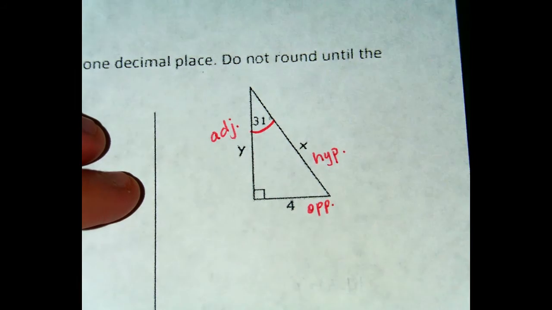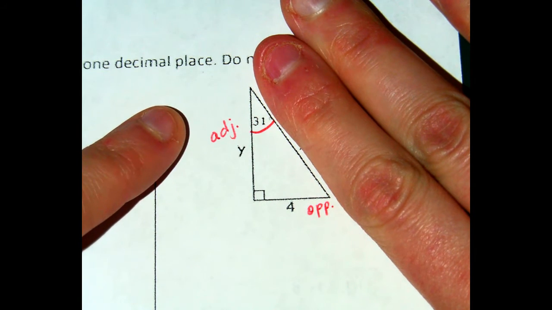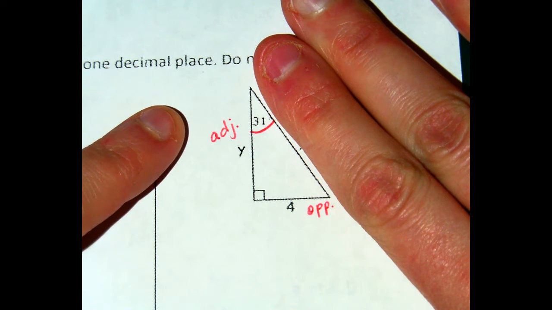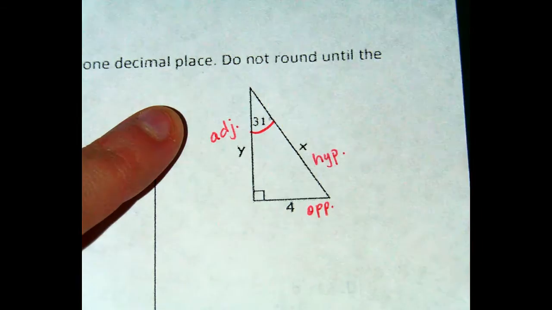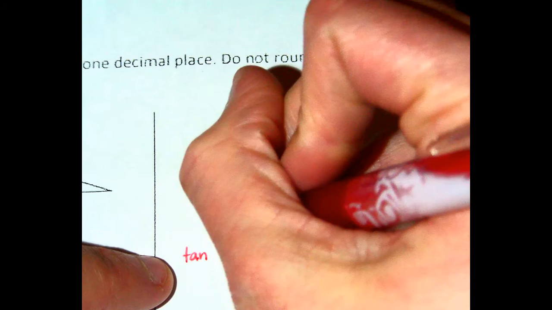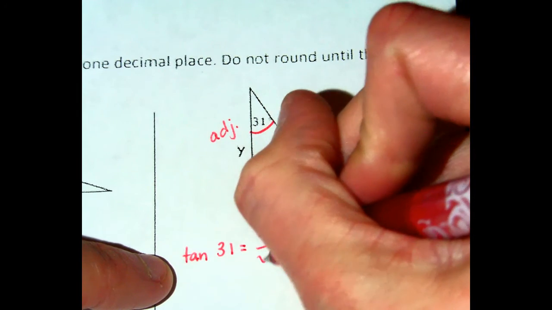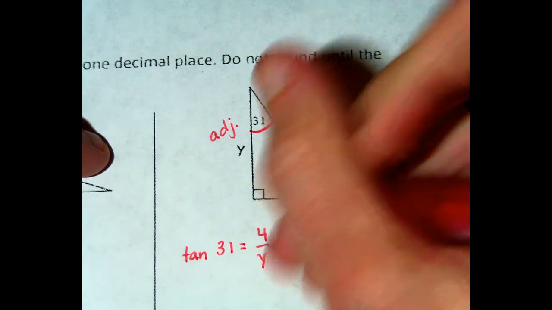Okay, for y, I only care about the one I have and the one I'm looking for. Which ratio uses opposite and adjacent? So tangent of 31 equals what? Oh, they both come out where we have to do the double step, don't we?